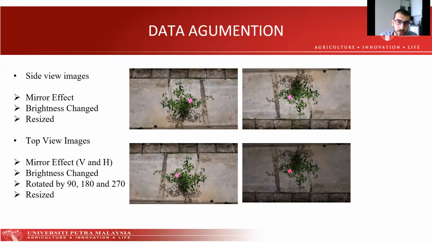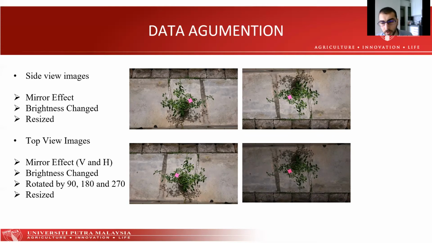As you can see, the top left image is the original image, and an example of rotation by 180 degrees is the top image on the right, and the bottom left image is the mirror effect of the original image of the top view chili plant. And lastly, the darker image of the top view chili plant is the bottom right image.